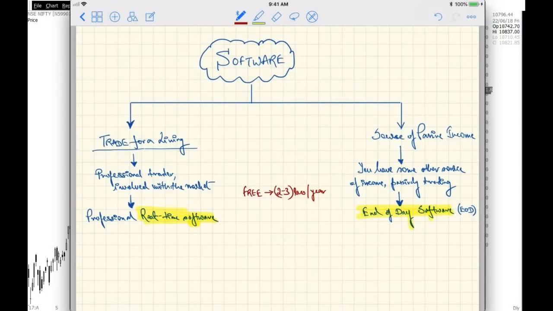Having an expensive professional software does not guarantee that you will make oodles of money. First, please focus on the technique. So choose something, work on it, and then slowly improve.